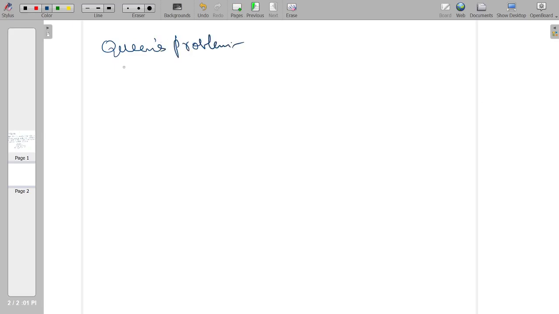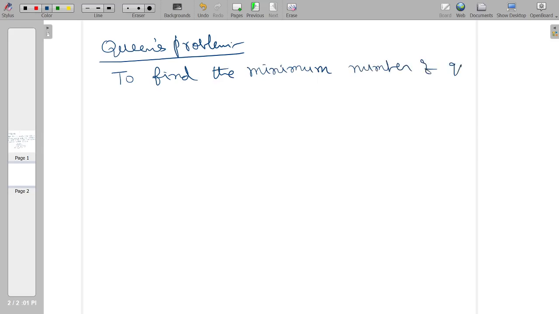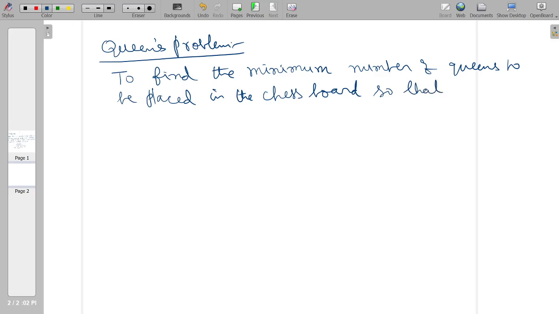What you have to find is the minimum number of queens to be placed in the chessboard so that it covers all the squares.